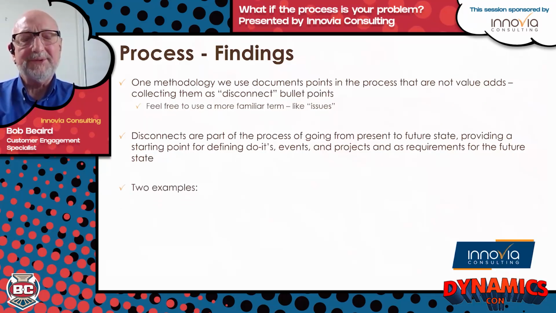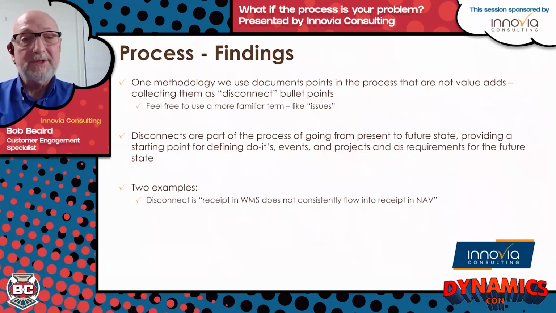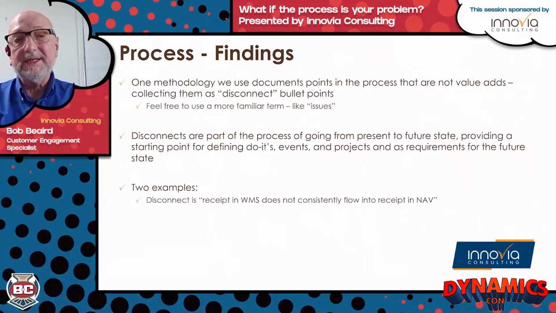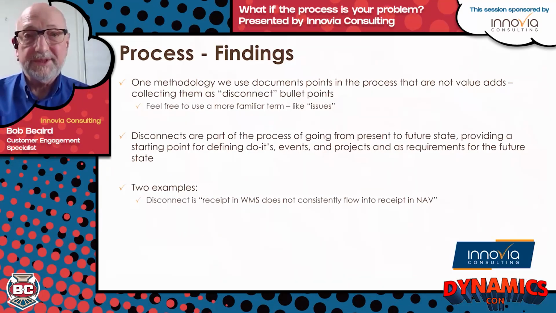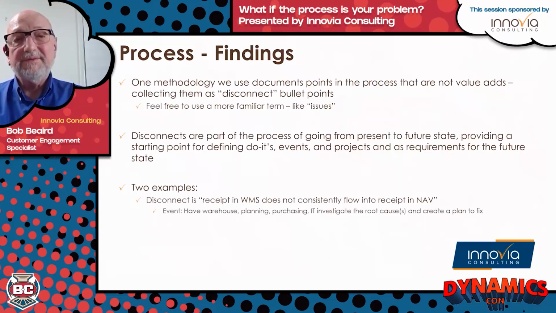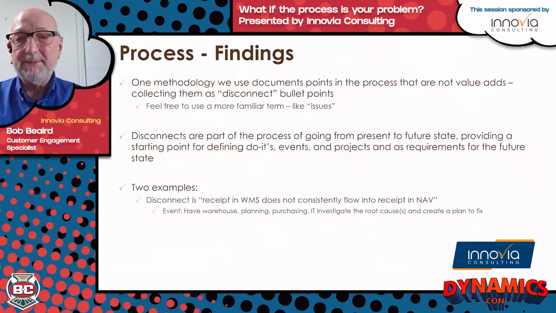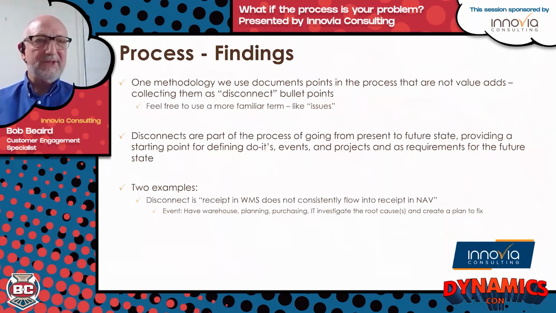So I'll give you 2 examples that hopefully will illuminate that. One disconnect from one of the flows I showed you is the receipt in the warehouse management system did not consistently flow into a receipt in NAV. So the event we defined was have warehouse planning and purchasing and IT investigate why this is happening and create a plan to fix. This isn't something that I would call a project.